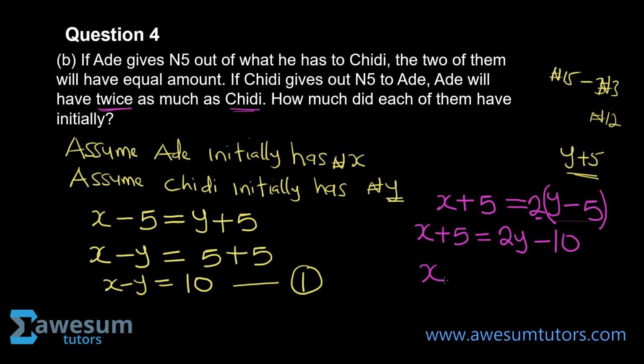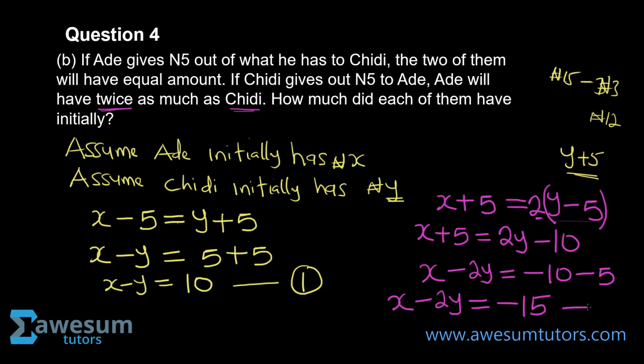So I will have X, this is plus 2Y, it comes here, it becomes minus 2Y, equals to, this is negative 10, this is positive 5, it goes to the other side, becomes negative 5. So right here I have X minus 2Y equals to minus 10 minus 5. That gives me minus 15.